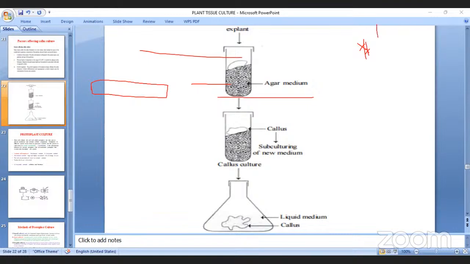For example, this is the cell wall, plasma membrane, nucleus, and surrounded by cell organelles.